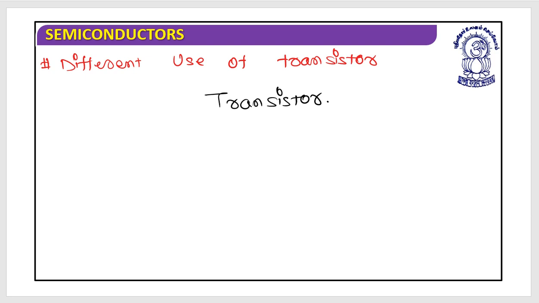Whenever I am asked to use a transistor, basically a transistor has mainly two tasks. One is to amplify, that means as an amplifier, and second, a transistor can be used as a switch.